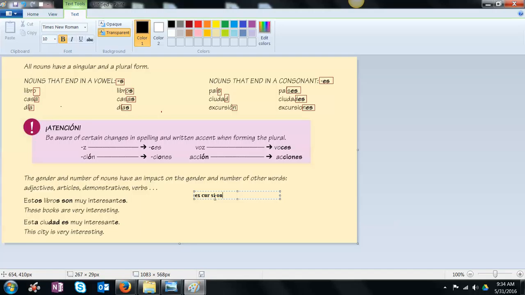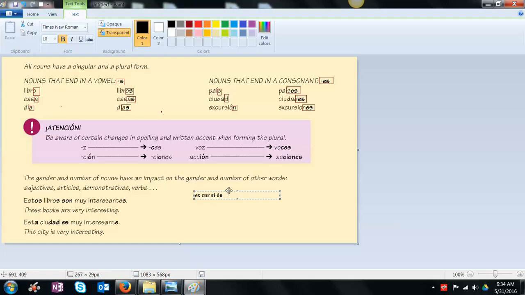We only write in a written accent mark when a word doesn't follow the grammatical pattern or the grammatical rule. So since excursión doesn't follow the rule, we want to say on louder than C, then I have to write in a written accent.